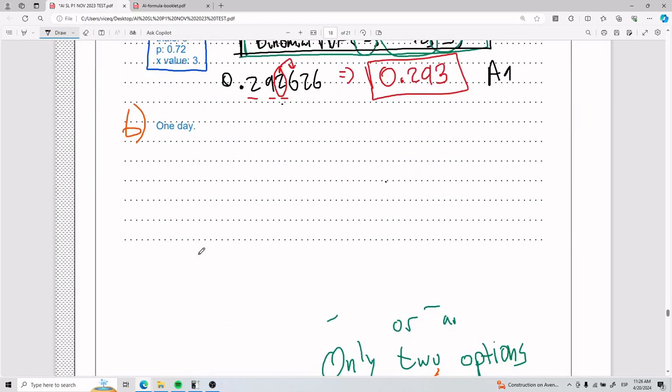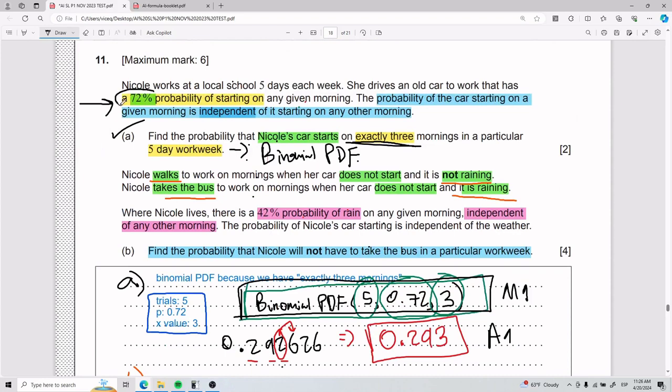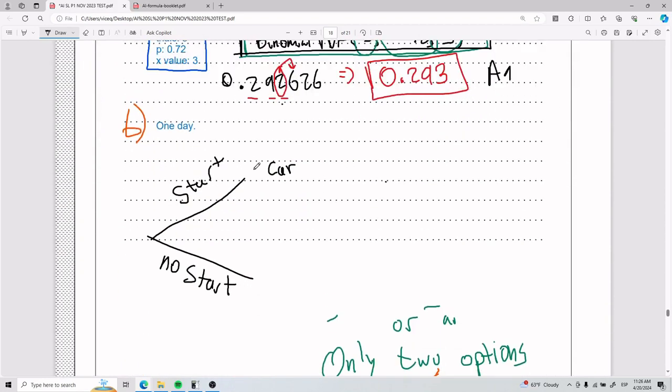For our good old friend Nicole, we have either the car starts or the car doesn't start, okay? So if the car starts, she's going to go by car, and the probability of this is 72%. So here I'm going to put 72%.